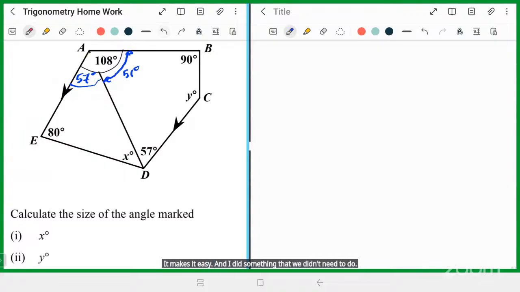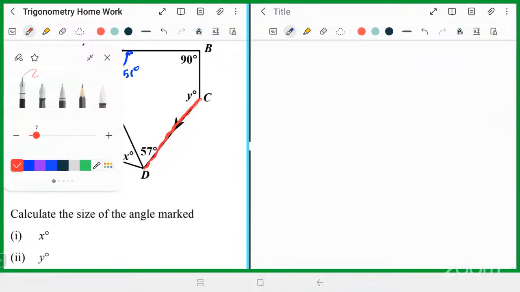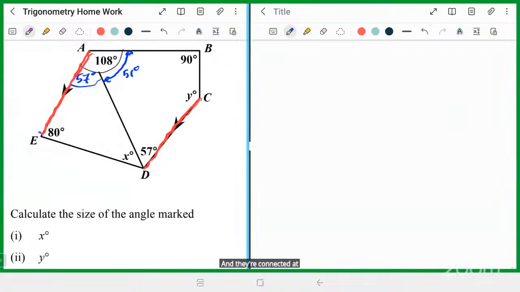But we have this side and we have this side. They are parallel, and they are connected at the head with a straight line. And so this angle and this angle add up to 180 degrees.